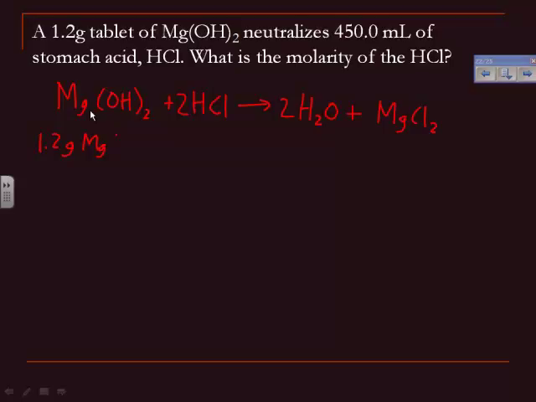Our first step is to convert that to moles. So we're going to use the molar mass, 1 mole magnesium hydroxide. The molar mass of magnesium hydroxide can be found by adding magnesium, 24.31, plus 2 oxygens and 2 hydrogens, so 58.33 grams.